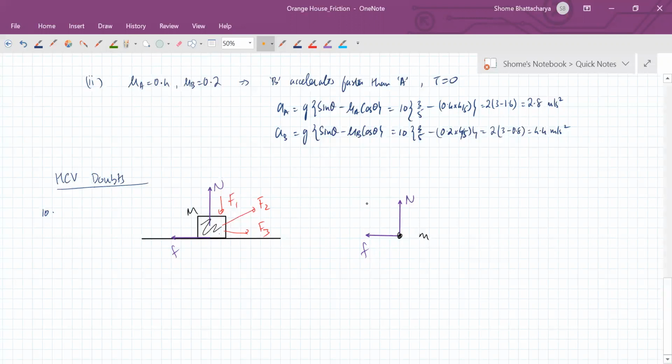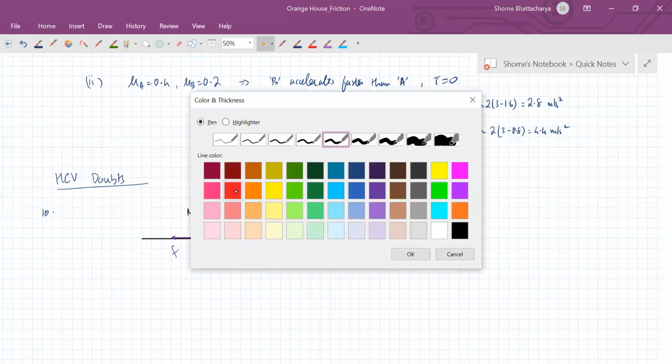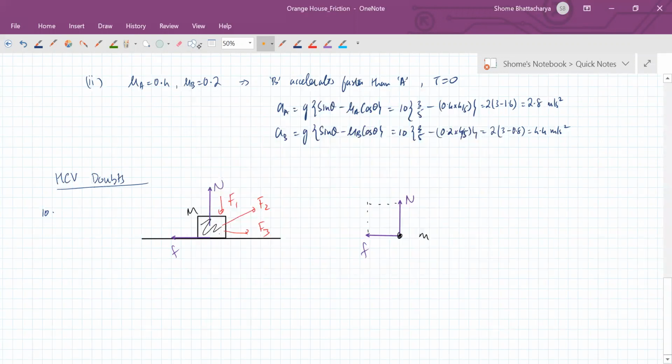Okay. But one thing we can see is that the resultant of these two forces, which is the net contact force, is going to be this one now. So if you follow the language of the question carefully, it will tell you that the resultant of the two forces, if that is making some angle with the normal reaction, that angle is called angle of friction, and that is given the symbol lambda.